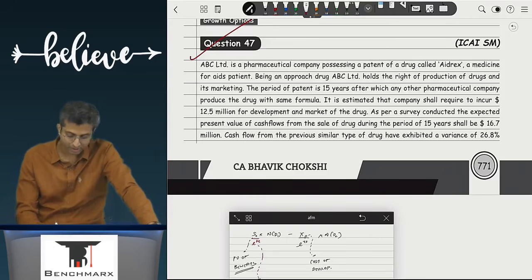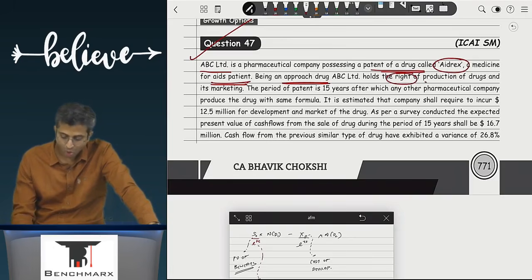So question 47. ABC Limited is a pharmaceutical company possessing a patent of a drug called Addn, a medicine for AIDS patients. Being an approved drug, ABC holds the right of production of drugs and its marketing. The period of patent is 15 years.